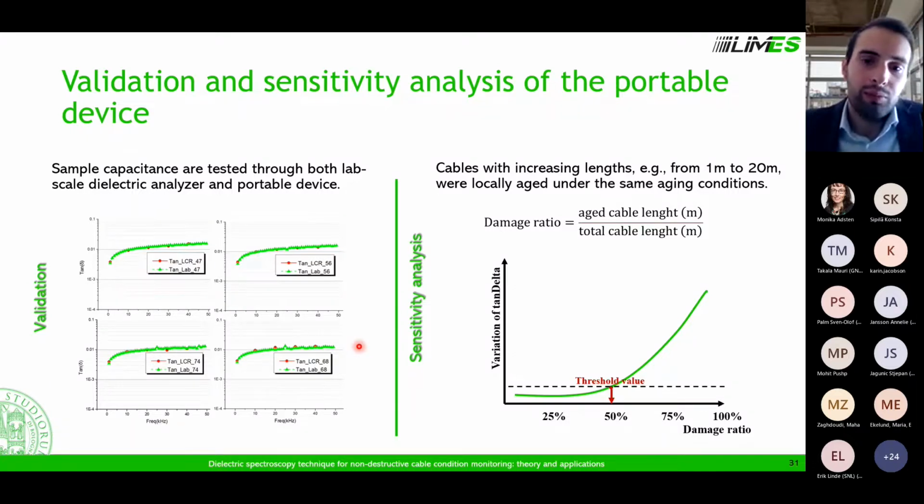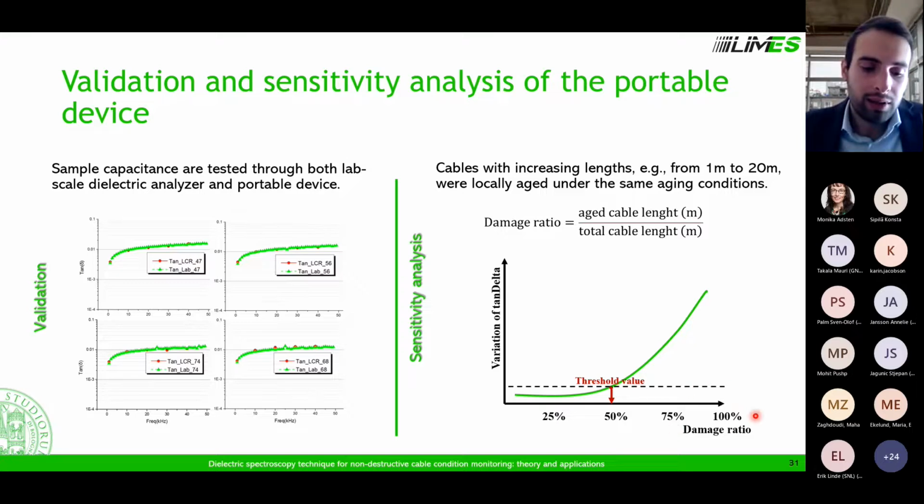Then we moved to the sensitivity analysis, and it was a very interesting work because the idea was to identify a threshold value beyond which we have appreciable variations of tangent delta. How can we obtain this damage ratio?